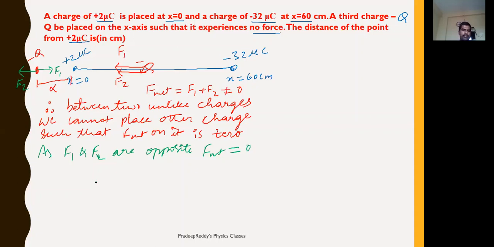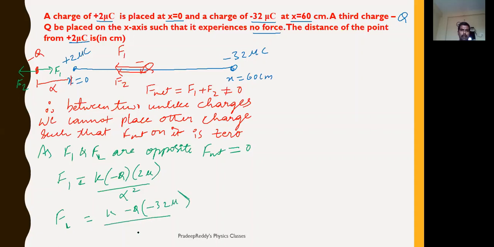Now using Coulomb's law, I will write force F1. F1 will be equal to K minus Q into 2 microcoulomb divided by separation alpha square. F2 is equal to K minus Q into minus 32 microcoulomb divided by 60 plus alpha whole square.